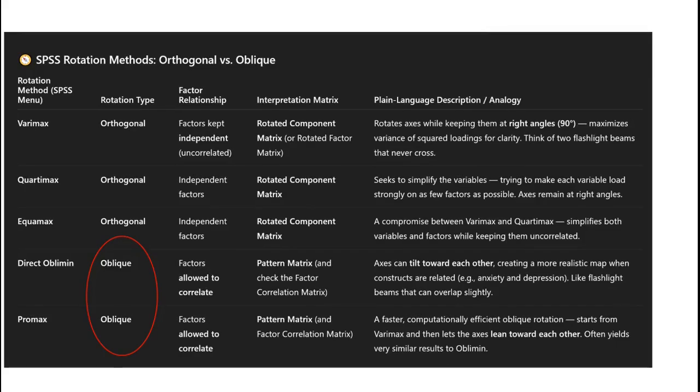In SPSS, because it has been around forever, the terminology has just been brought forward. So in SPSS, the rotation methods available to you are Varimax, Quartimax, Equimax, Oblimin, and Promax. I wanted to put this up here so that you have a reference to return to, if you're using SPSS, about which of those options are the oblique options.